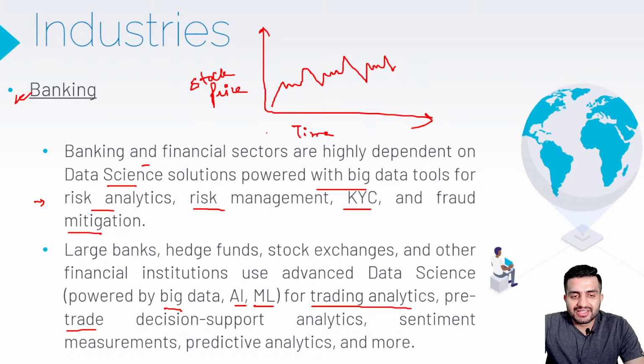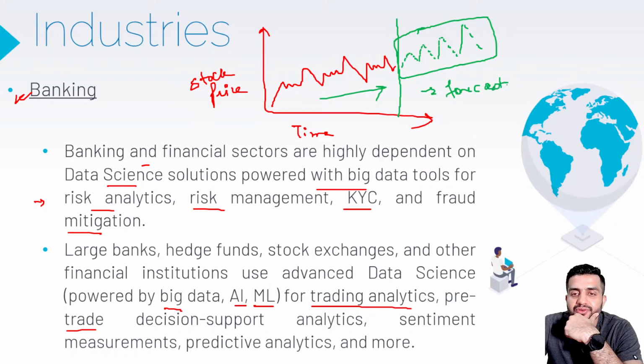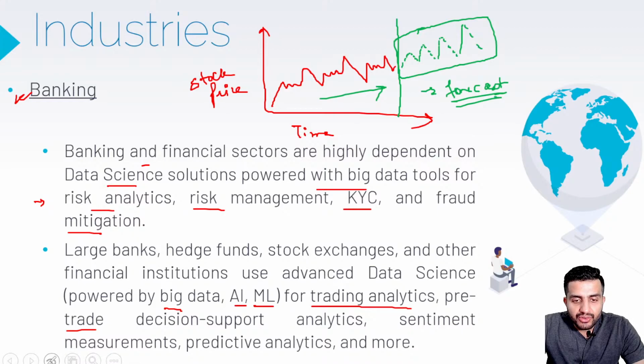So if this is the trend of my stock price with respect to time, till this point I have my original data, but with respect to this, I can also further extrapolate it with reference to this data. So this extra portion which got generated is called forecasted values, forecast. So yes, I am going to use these results for my trading analytics.